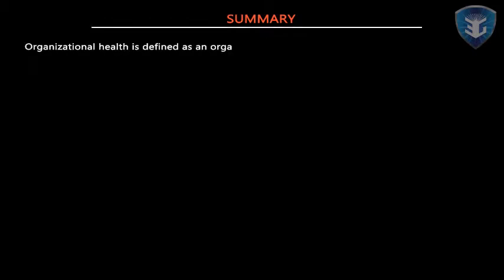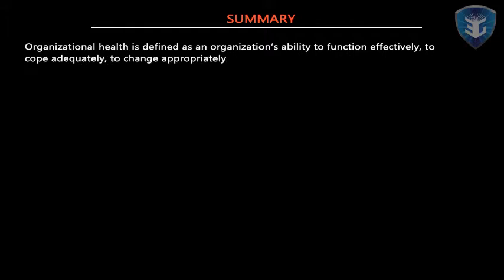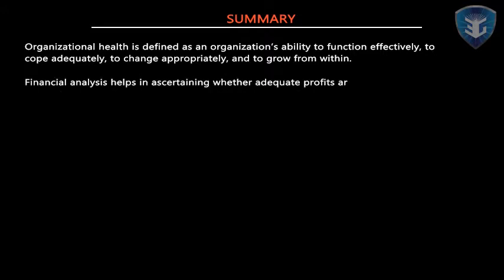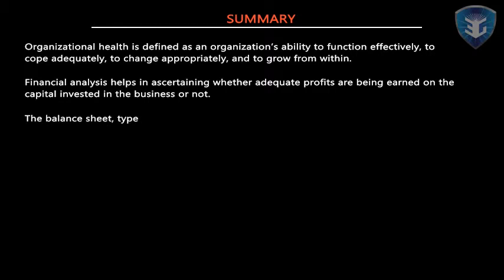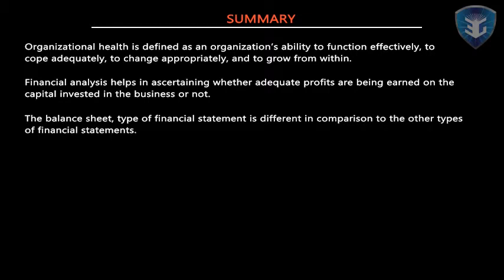Organizational health is defined as an organization's ability to function effectively, to cope adequately, to change appropriately, and to grow from within. Financial analysis helps in ascertaining whether adequate profits are being earned on the capital invested in the business or not. The balance sheet type of financial statement is different in comparison to the other types of financial statements.